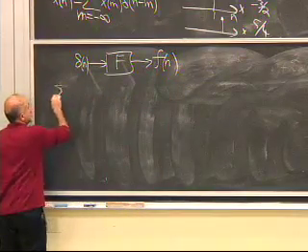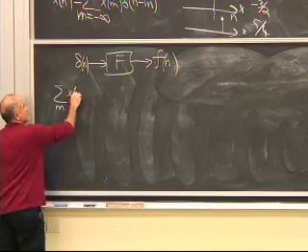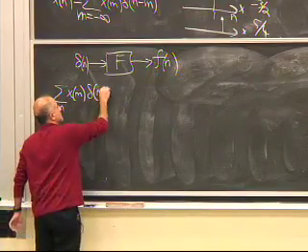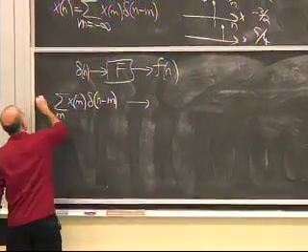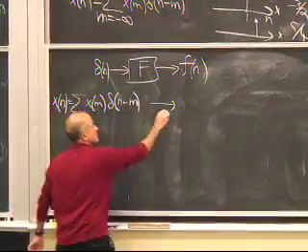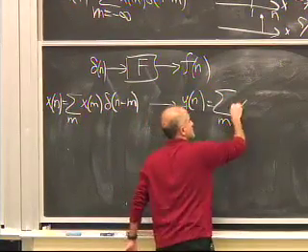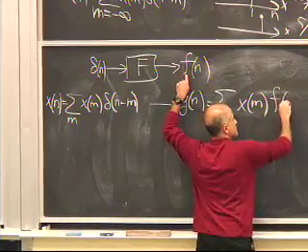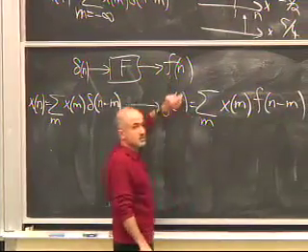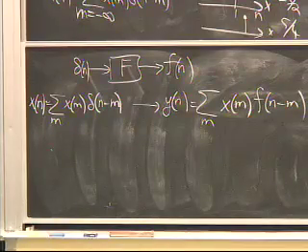So if I have a linear combination of these impulses, so if this is x, then the output is the same linear combination of the corresponding responses. That's how we got the convolution expression. So this is a way of decomposing a signal in the time domain in terms of shifted impulses.